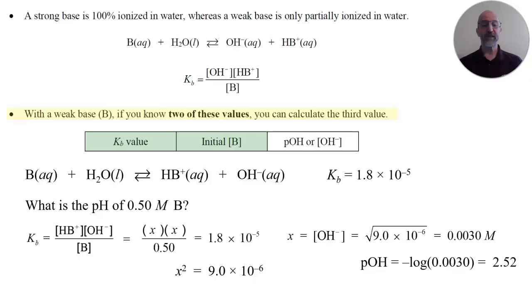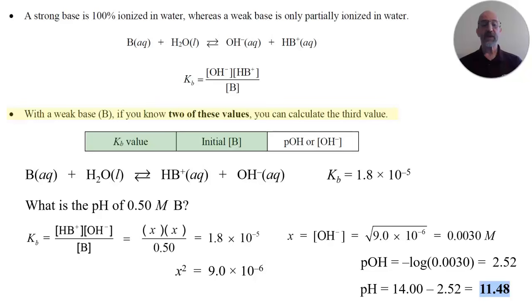I'm expecting a pH greater than 7 for a weak base, not less than 7, greater than 7. So the pH would not be 2.52, it would be 14 minus that value. So watch out for that. So the pH could be, in this case, 11.48, and that's reasonable for a weak base.